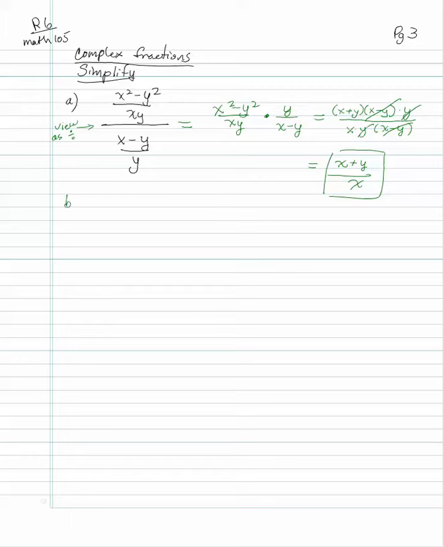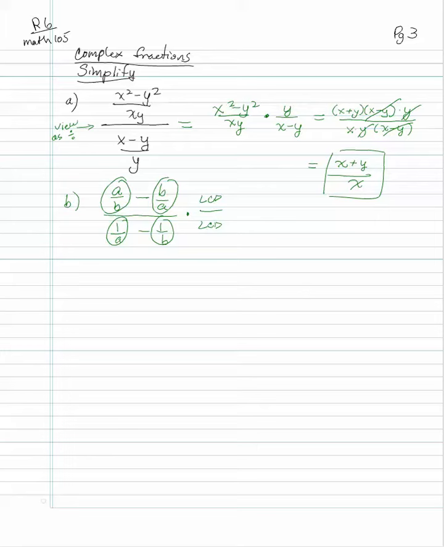And another way to do it is to multiply everything by the LCD of what I call the little fractions. So let me show you. Okay, so we're going to multiply by the LCD over the LCD of all the little fractions, meaning these are the little fractions. Okay, so the LCD for all those will be AB.